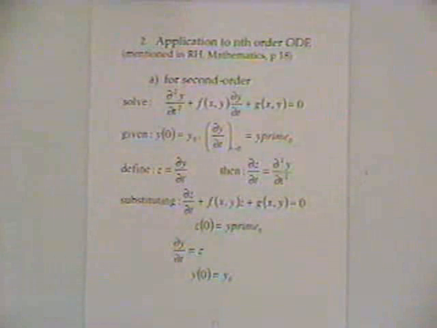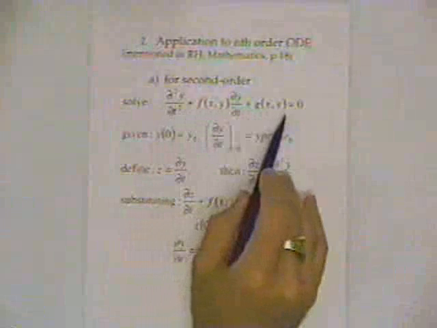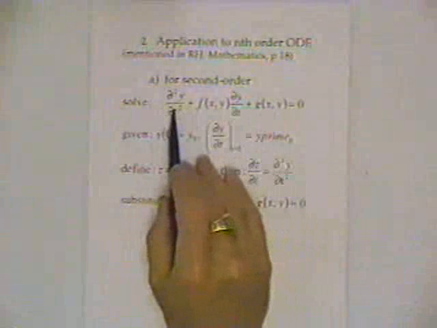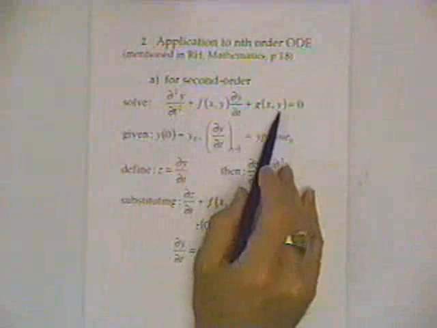So you have to convert a second order ordinary differential equation into a set of first order ordinary differential equations. So in general, your problem is that you are given an nth order equation. In this case, we'll work through the example for a second order ordinary differential equation.